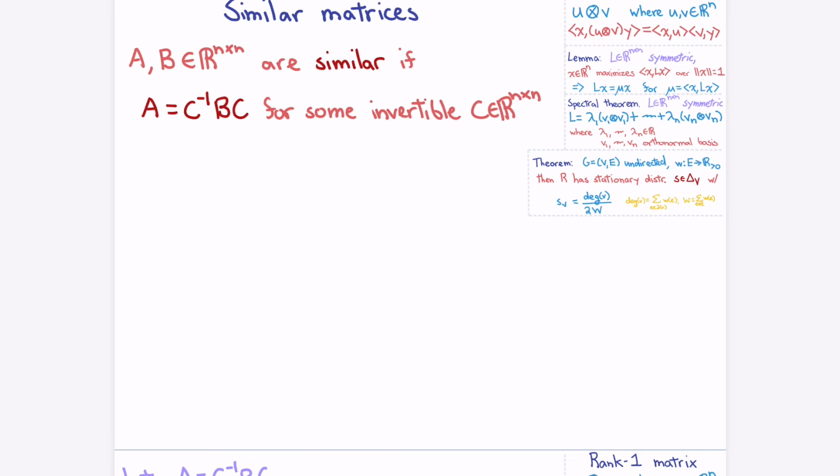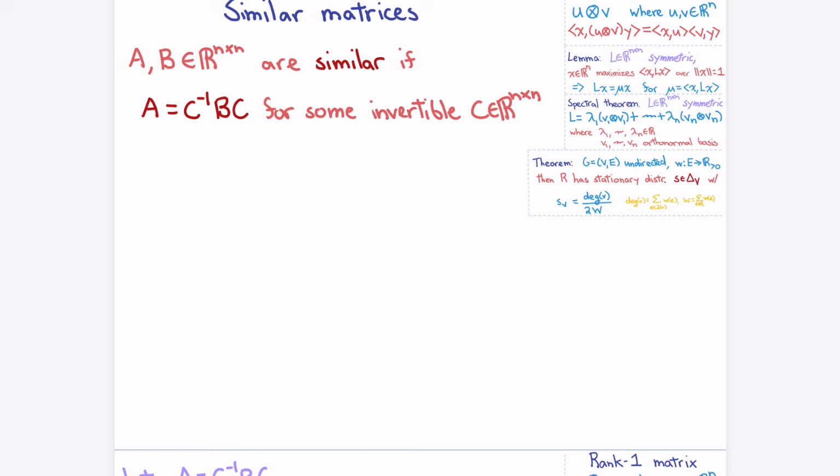So, we talked a little about similar matrices. A and B are similar if there's some invertible matrix C where A is equal to C inverse B C. The way to think about an invertible linear map is as a map from one vector space to another that preserves all the structure.